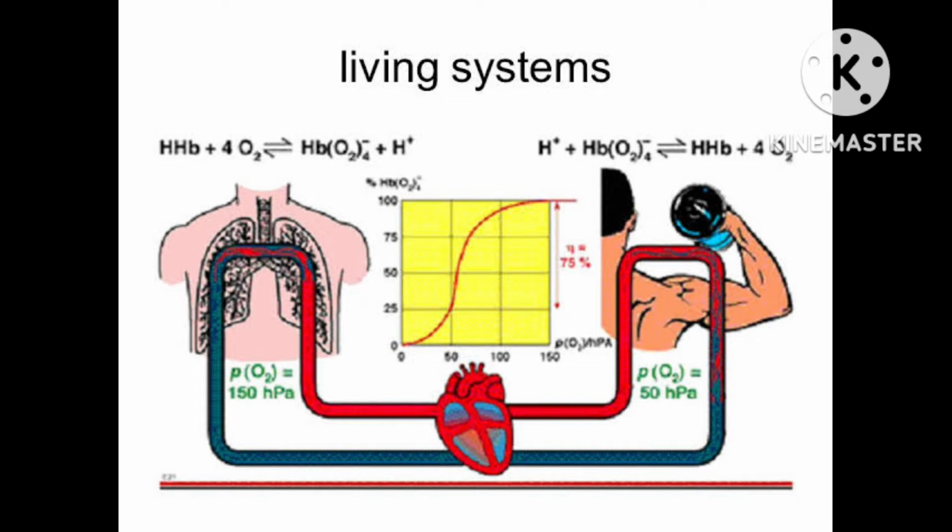Suppose for the reaction H2 plus I2 equals 2HI, its Kc value is 1. If you multiply the whole thing by 2, then its value will be 2 into 1, because you have multiplied all by 2, so Kc will be double.